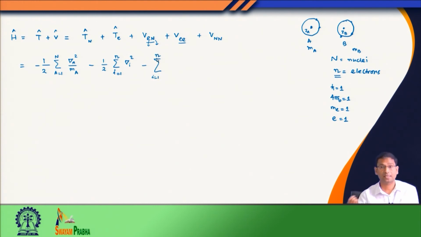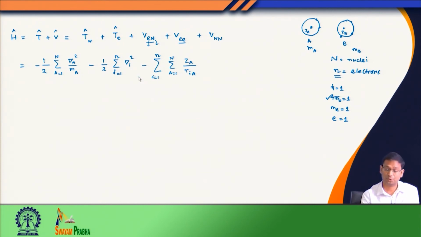Each electron can interact with every nucleus present here. What I have done here is that 4 pi epsilon 0 has been brought out, e squared has been taken out. So, this should have Z times e squared divided by 4 pi epsilon 0 r quantity.